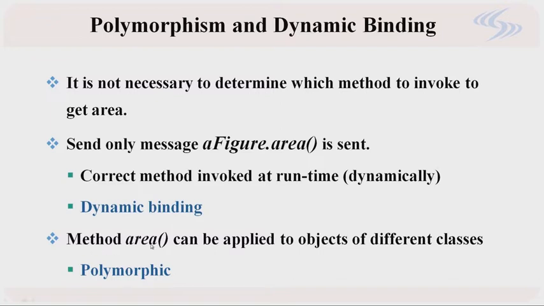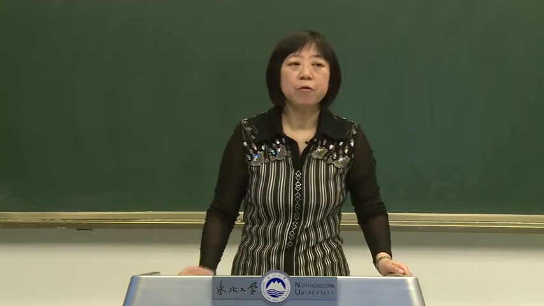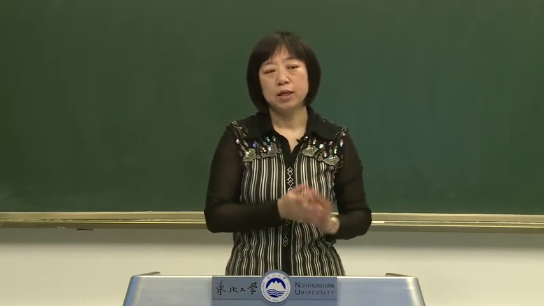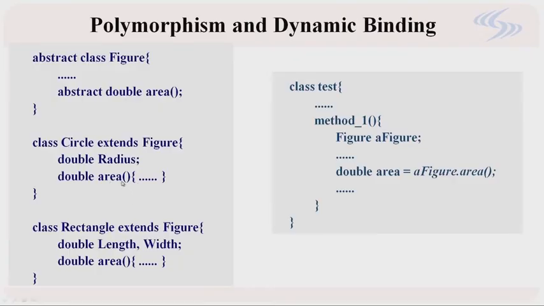And the method area can be applied to objects of different classes. That means there are different versions for the implementation of method area. So it's called polymorphism. Actually, when we talk about polymorphism, subclasses getting the implementation for the abstract method declared by the superclass is one of the solutions for polymorphism.